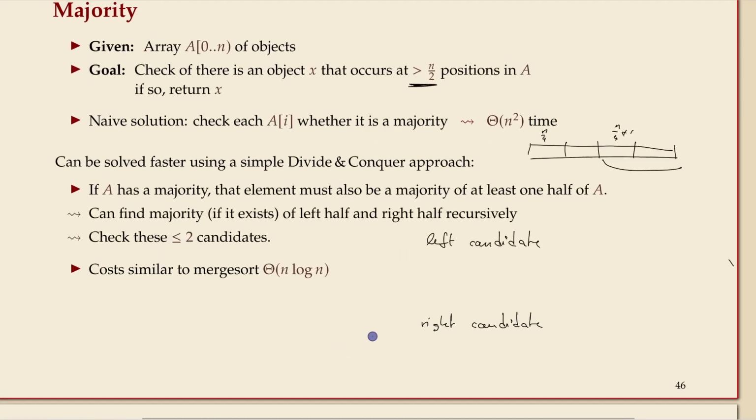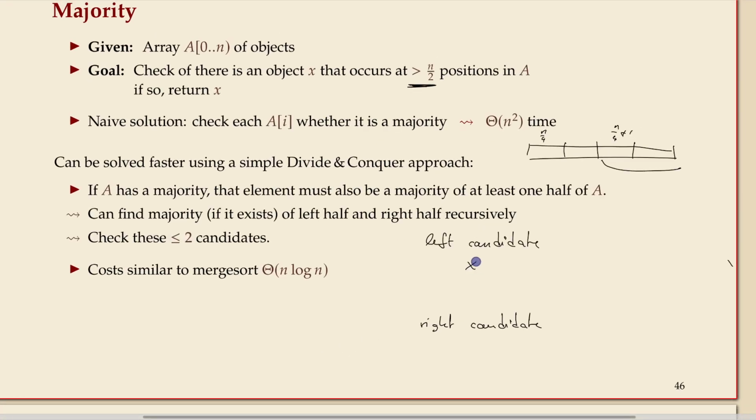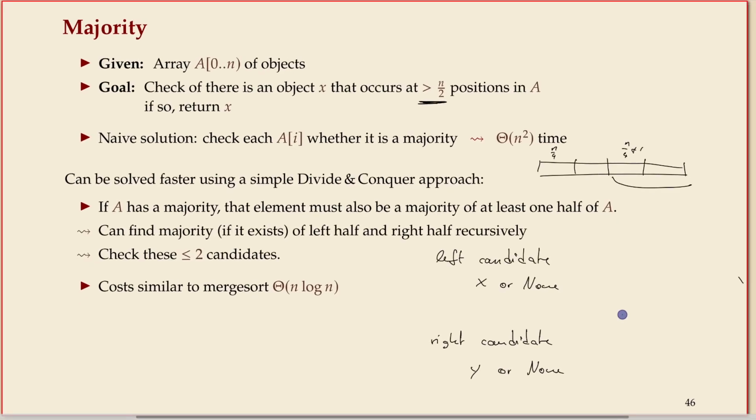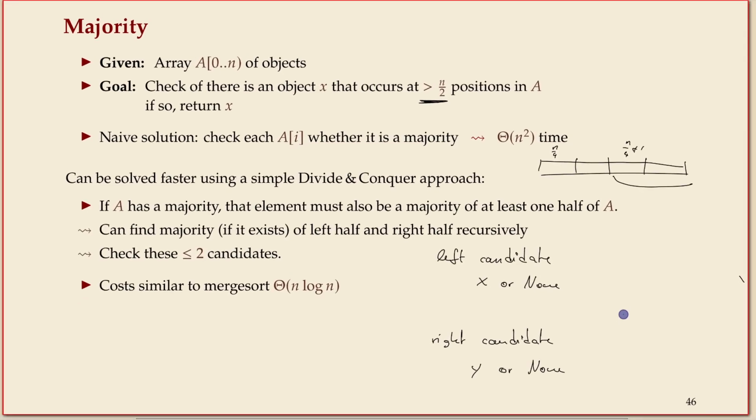From the left, we can either have some value x, or it says there is no majority. And from the right, we can have a value y or no majority.